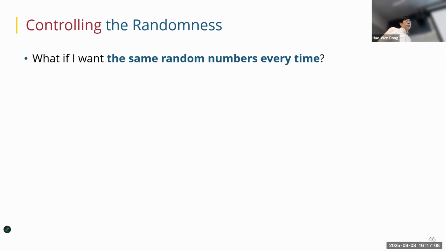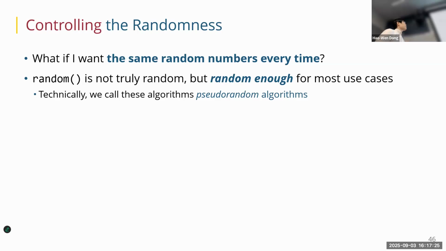There's a case, especially when you are doing experiments, likely not in creative coding, where you want to get the exact same random numbers every time, and it's actually possible. The truth is that these random numbers are not truly random. It's just random enough for most use cases. We call these algorithms pseudo-random algorithms.